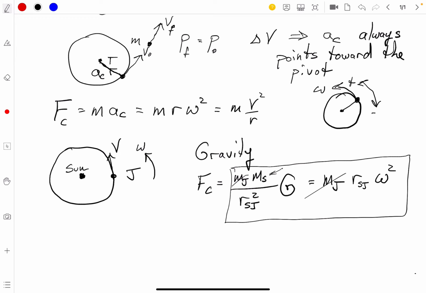If I want to solve for centripetal acceleration, then that's easy, because this bit right here is my centripetal acceleration. The mass of Jupiter went away, so it's just the mass of the sun divided by the radius of the sun and Jupiter squared times G. These are quick, easy things that you can do.